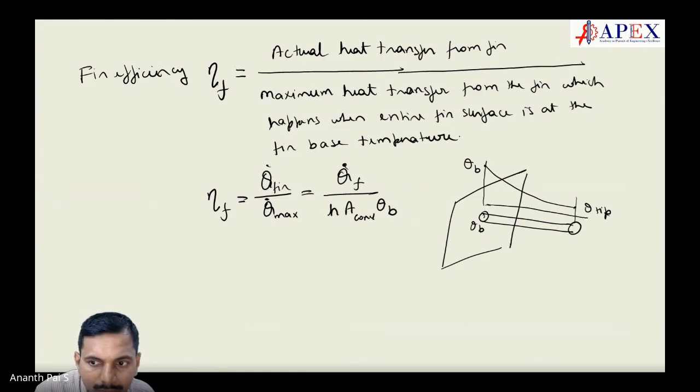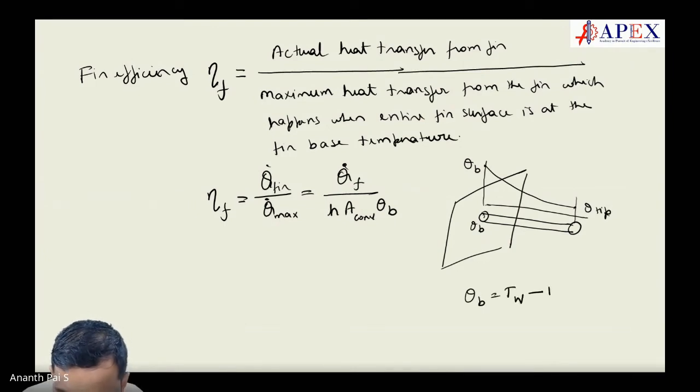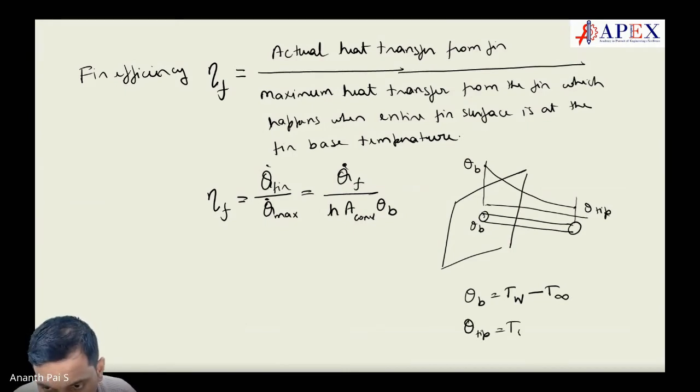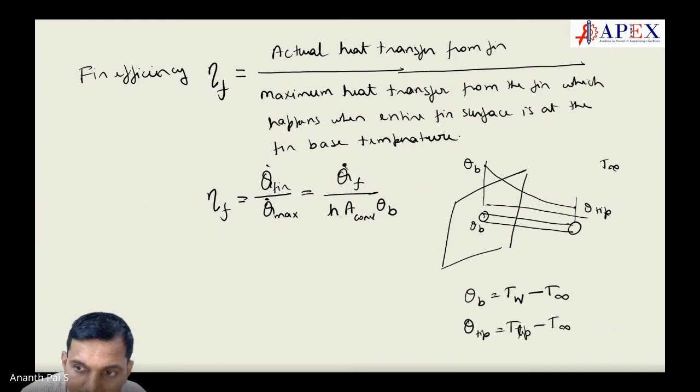This is 0. What is theta B? Theta B is T wall minus T infinity. What is theta tip? T tip minus T infinity. T infinity is over here, outside.